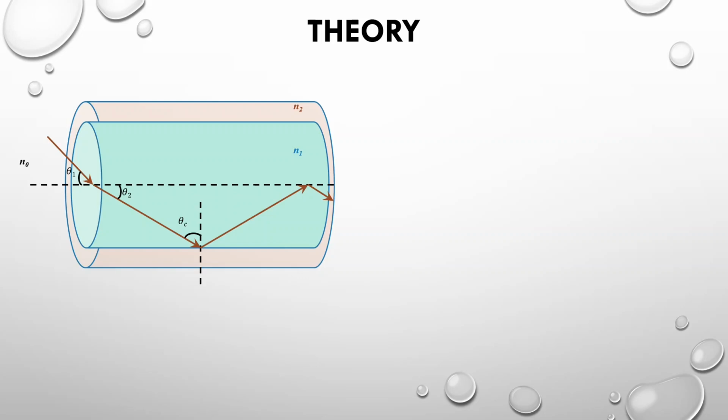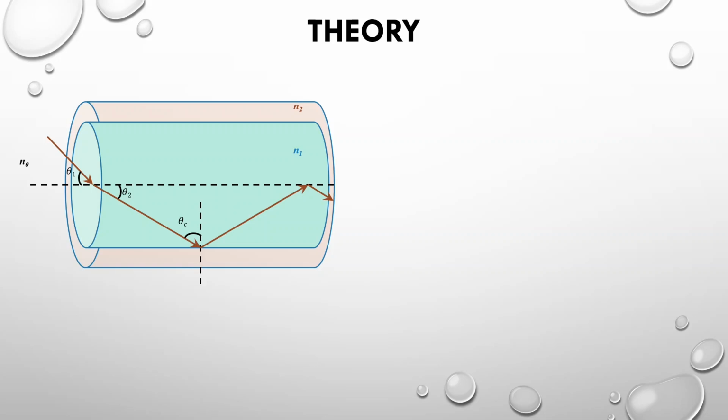Let a light ray be incident at the air core interface, making an angle θ1 with respect to this axis. After refraction, the light ray slightly bends towards the axis of the fiber in the denser medium, making an angle θ2.